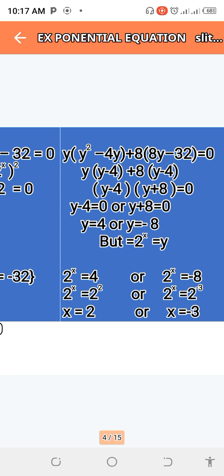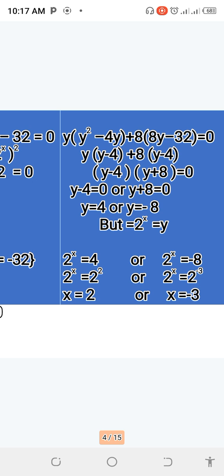So that we now have this expression: y into y minus 4 plus 8 into y minus 4. y minus 4 is common here, so we pick one y minus 4. And the remaining expression, which is y plus 8, we choose as another factor. So we now have y minus 4 into y plus 8 is equal to 0.